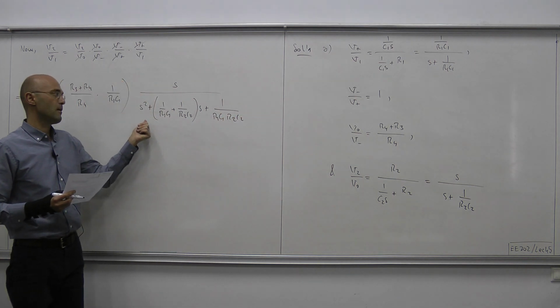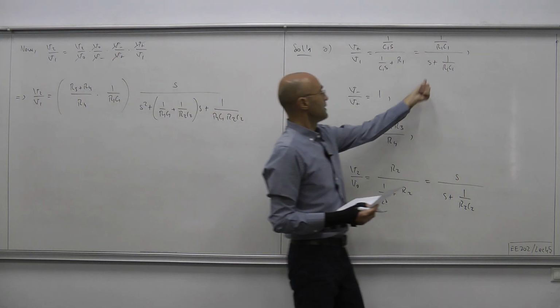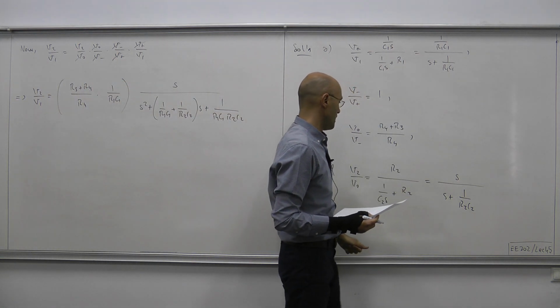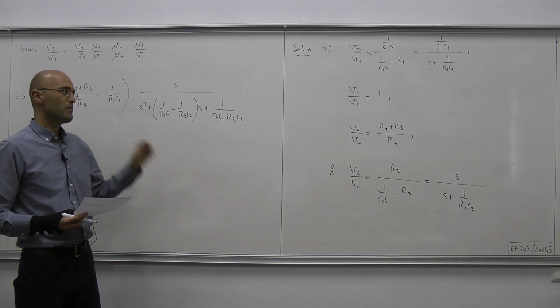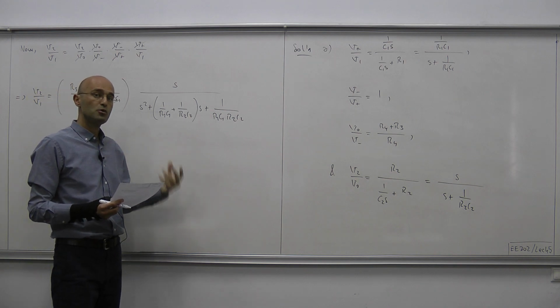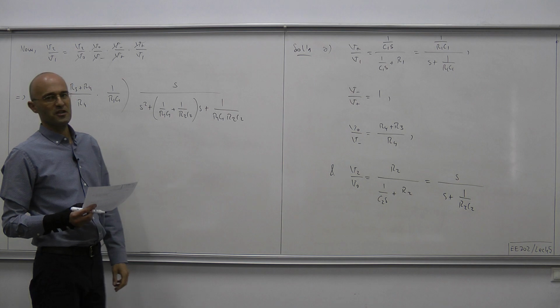Now that denominator polynomial can be written as S plus 1 over R1 C1 times S plus 1 over R2 C2. Therefore, the poles of the transfer function are at minus 1 over R1 C1 and minus 1 over R2 C2.